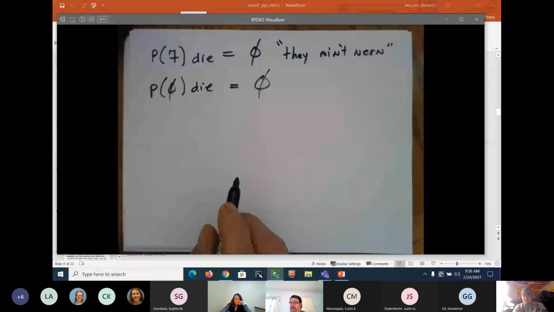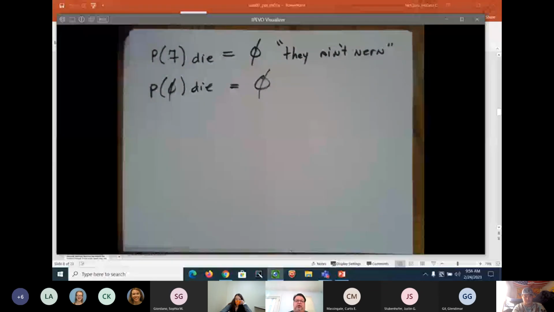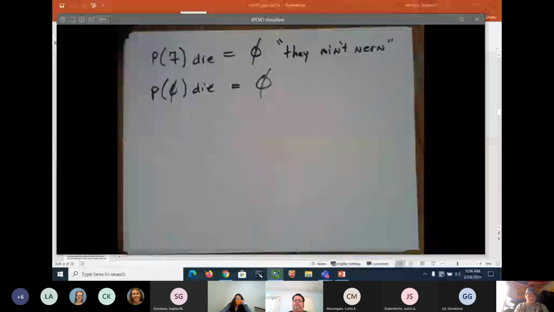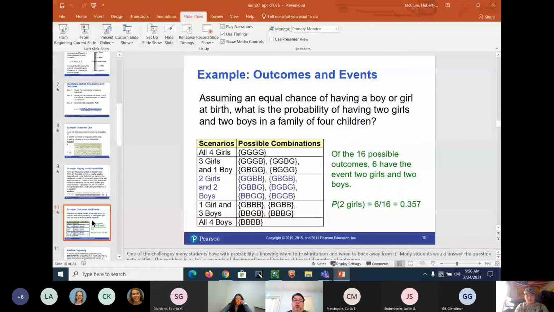Any questions about, and this is all theoretical. I don't have a die in front of me. I don't have a deck of cards in front of me. So this is all theoretical. Okay, this is what we call a sample space. Write this down.